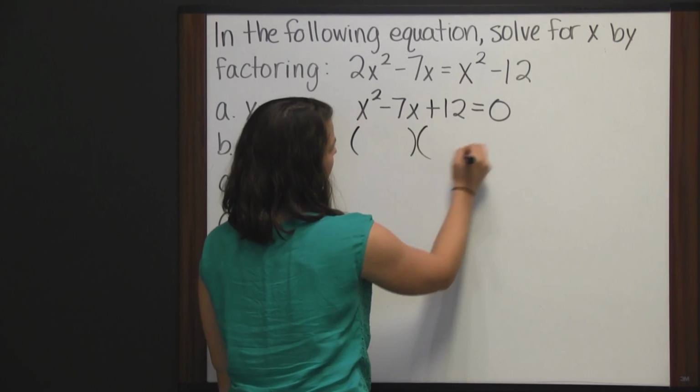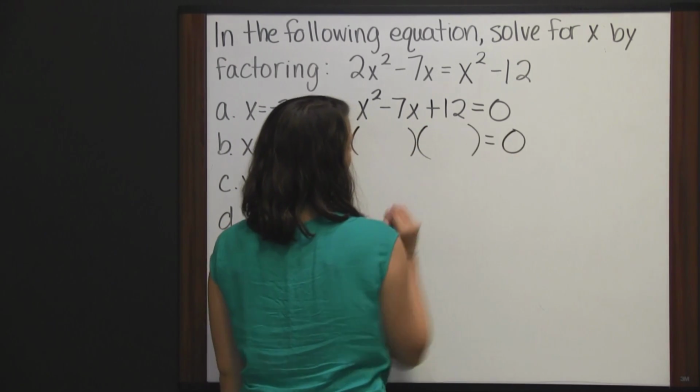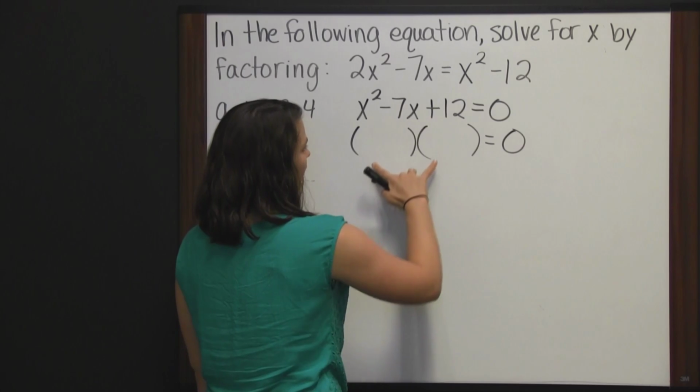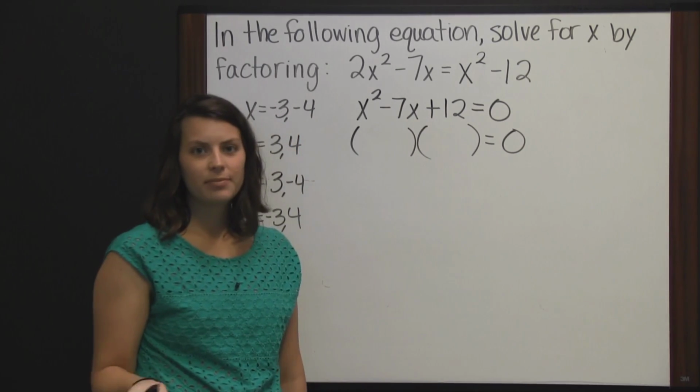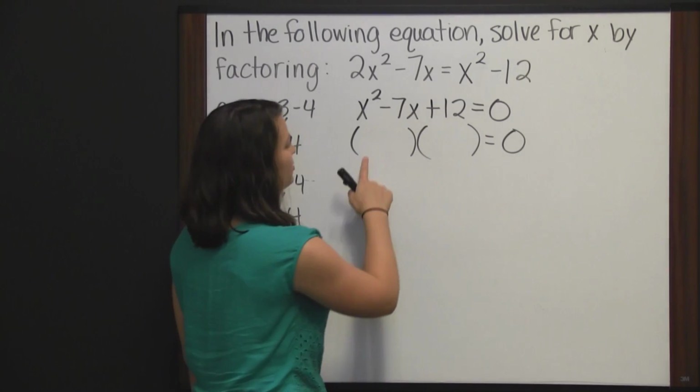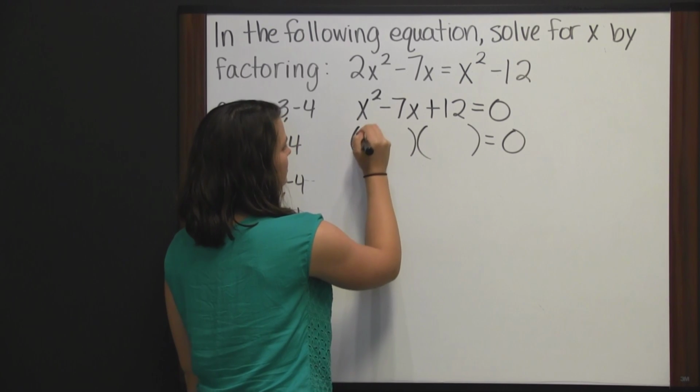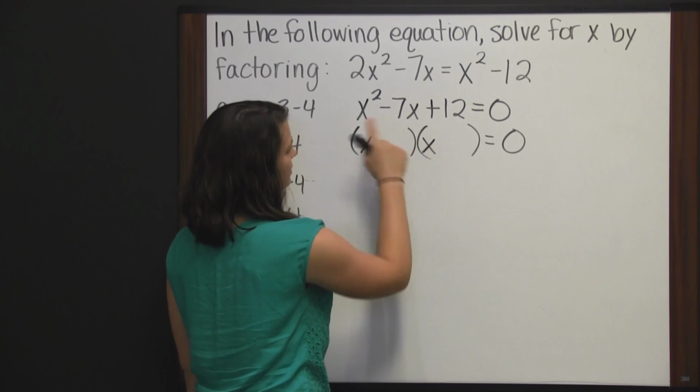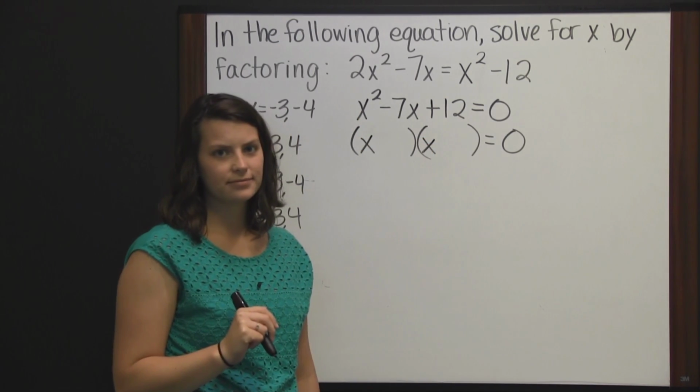So I have a binomial times a binomial equals 0. I know my first term in each binomial is x, because x times x gives me x squared.